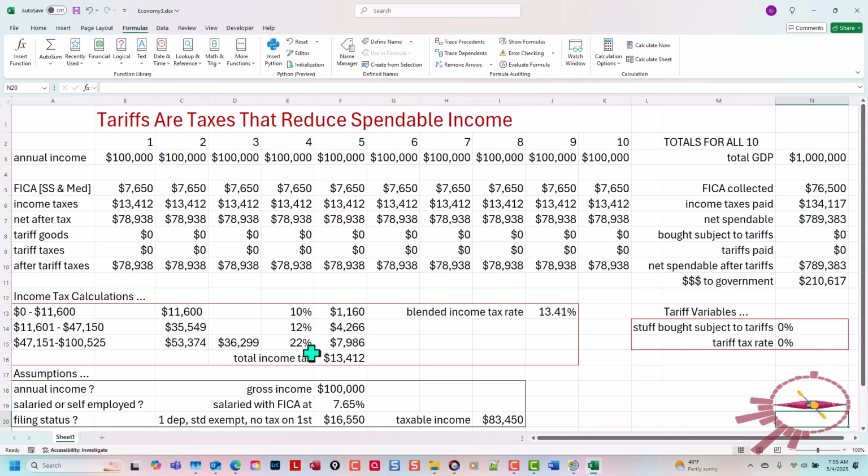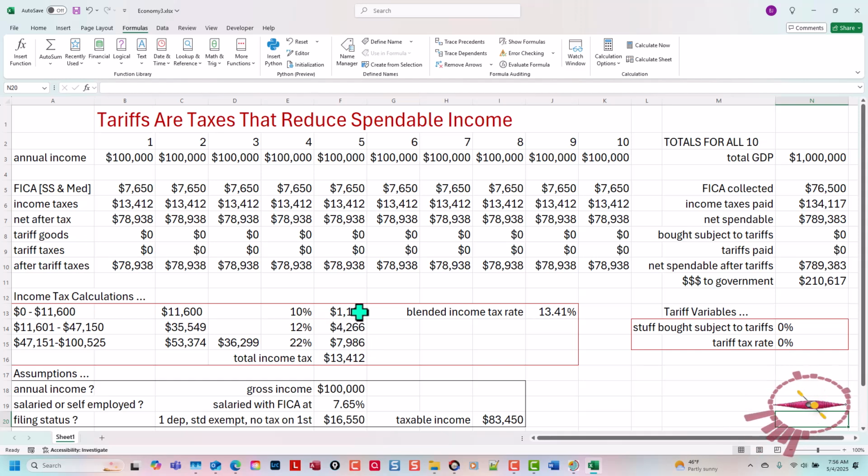For our individual earning $100,000, the first block would yield a tax of $1,160. Again, that's at 10%. The second block at 12% would yield a tax of $42.66. And the third block at 22%, which is based on the difference between $47,151 and $83,450, would yield a tax of $79.86.